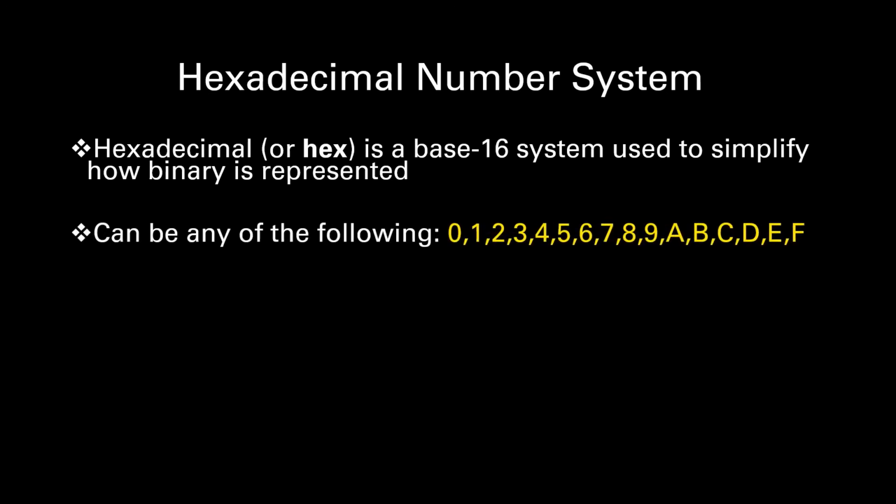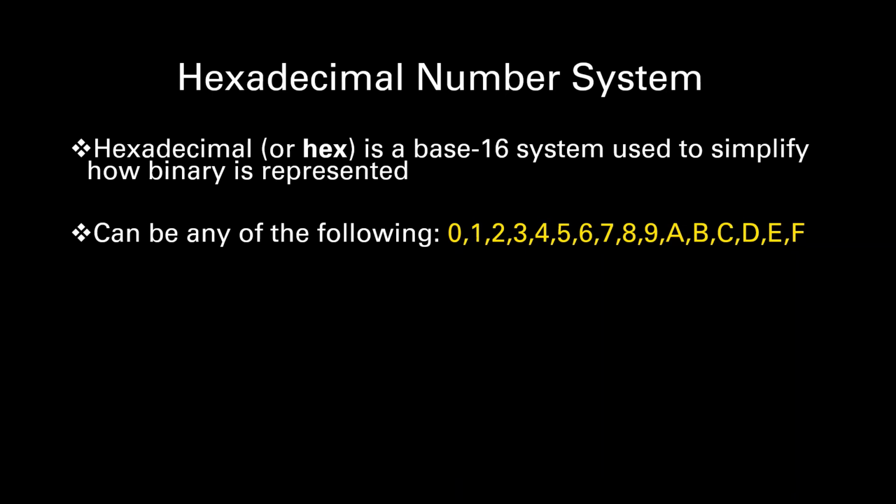So with hex, let's talk about the characters that you can use, building up from previous lessons. In a normal decimal system, we have 0 to 9. In binary, we have 0 and 1.